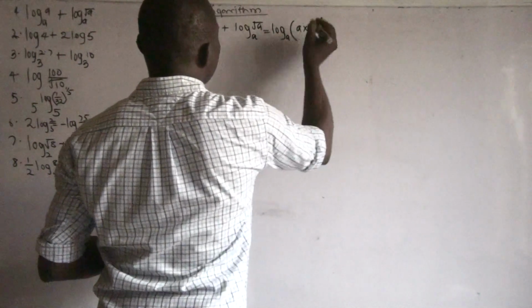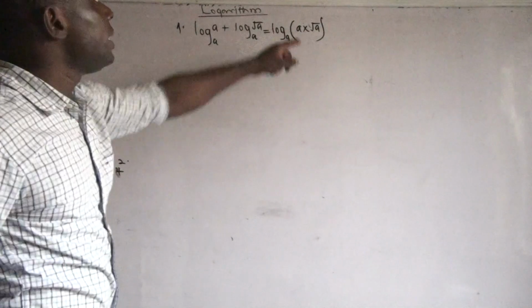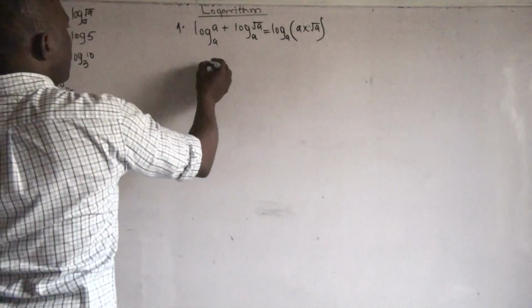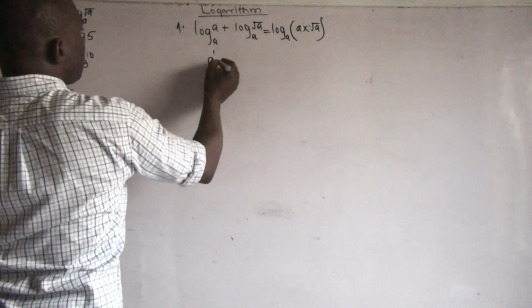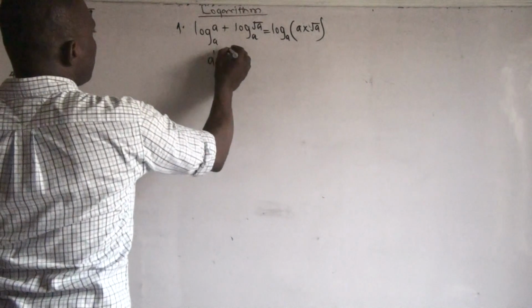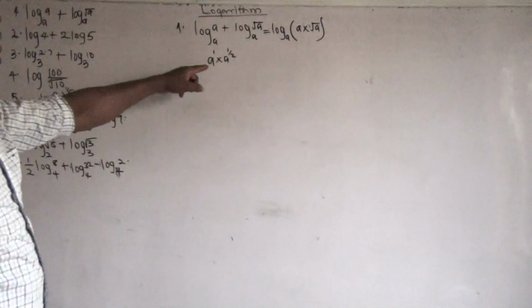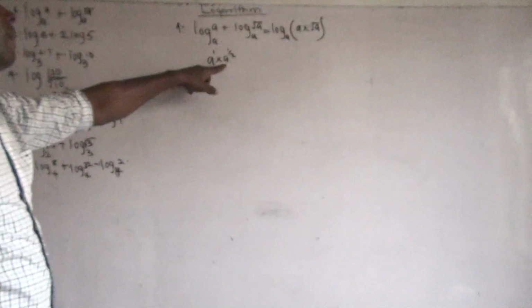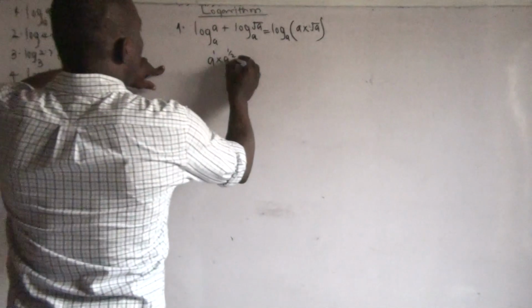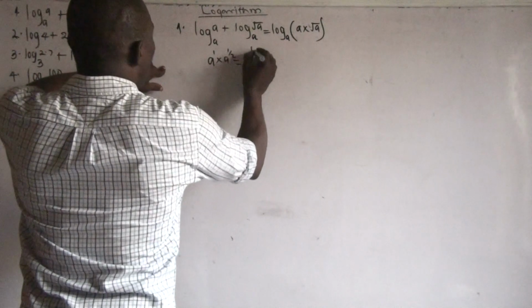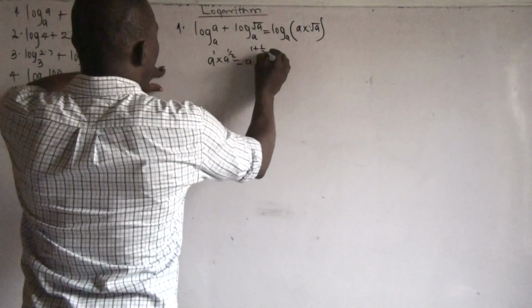root of a. But if you look at this term here, this is a raised to power 1 times a raised to power half. And we apply indices here. If we apply indices here, this will become a raised to power 1 plus half.